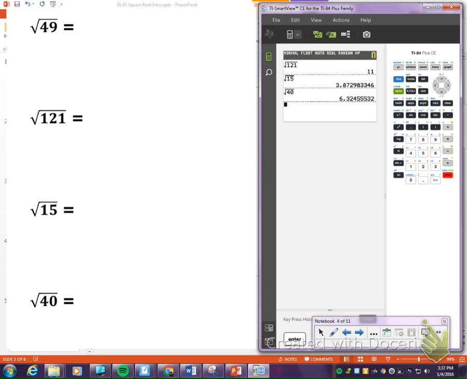When we're looking for our perfect squares, those answers are going to come out to be whole numbers. So no decimals when we're looking at that. That's how they want us to look at them as of right now. Our perfect squares are going to be whole numbers. So this one for 40 would be about 6.324. Right? And again, that's why I use my squiggly equal sign. Not exactly, but it's an estimate.